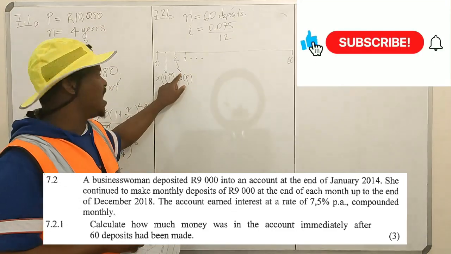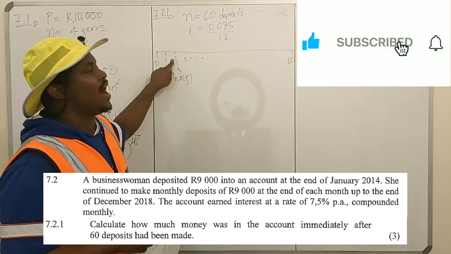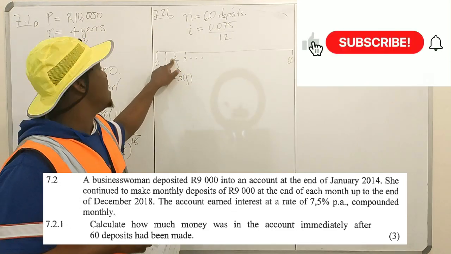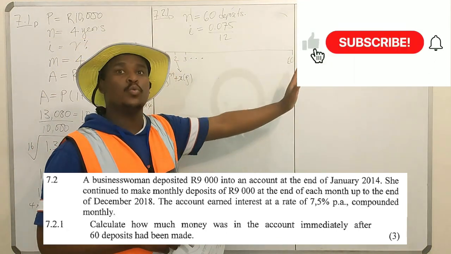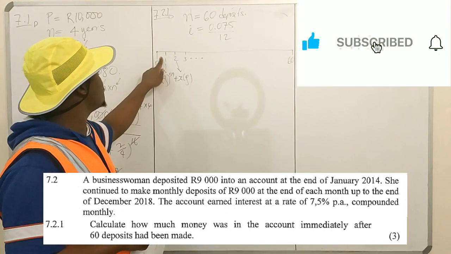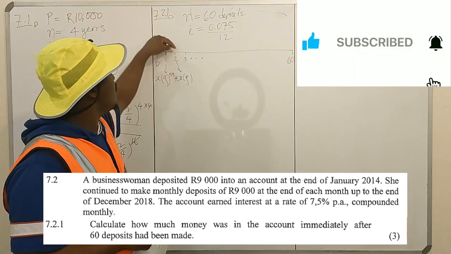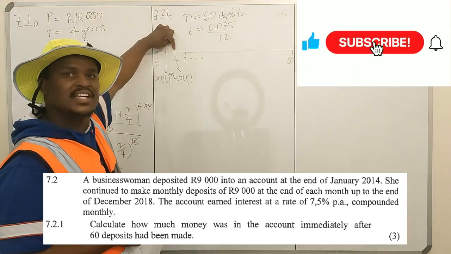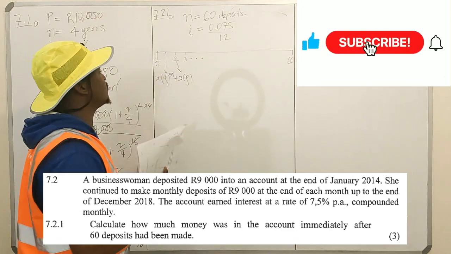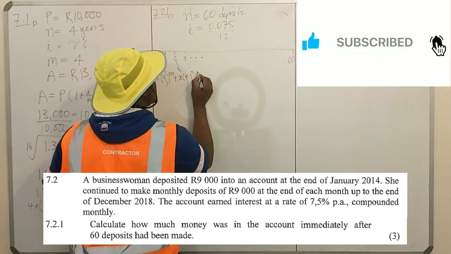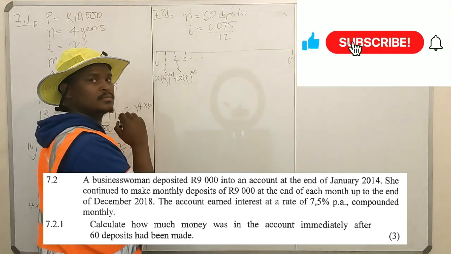So in the first year, the amount deposited will only gain interest for the remaining months, which is 10 months, because the first month and the second month have passed. You are depositing at the end of the second month, which means the second amount deposited will only gain interest for how long? For 58 months.